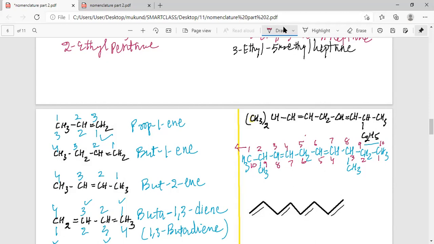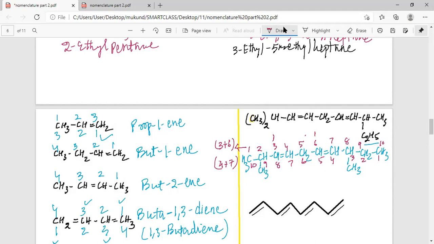So let us first check it out for the double bond. Here we have double bonds on the third carbon and then on the sixth carbon. So the double bond locants are 3 plus 6. Here if we look at the double bond, it is on the fourth carbon and on the seventh carbon, 4 plus 7.